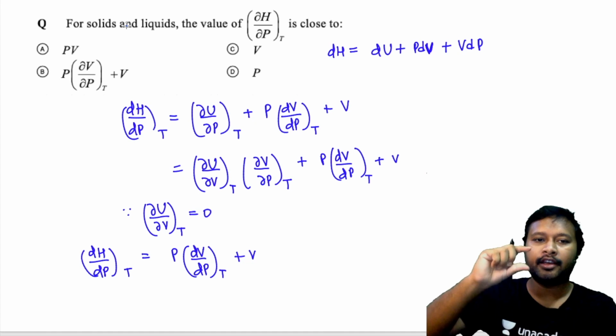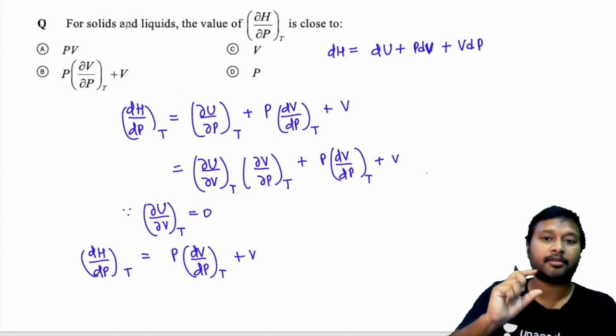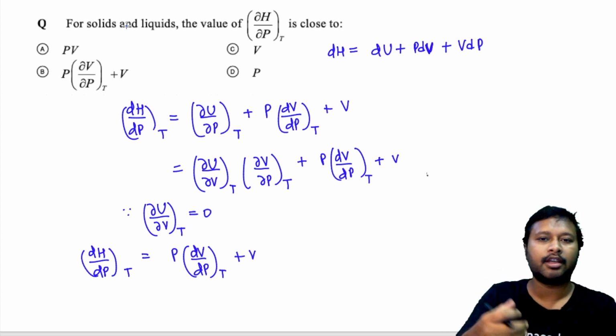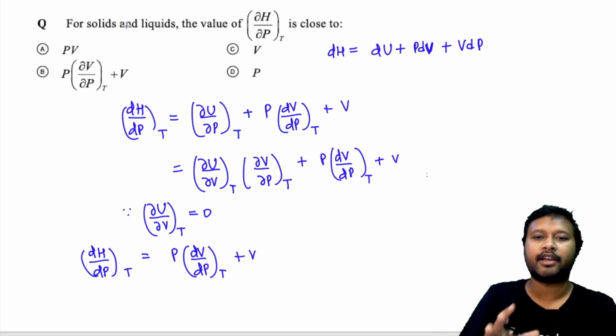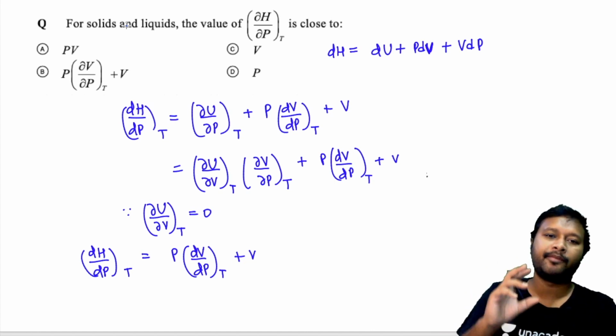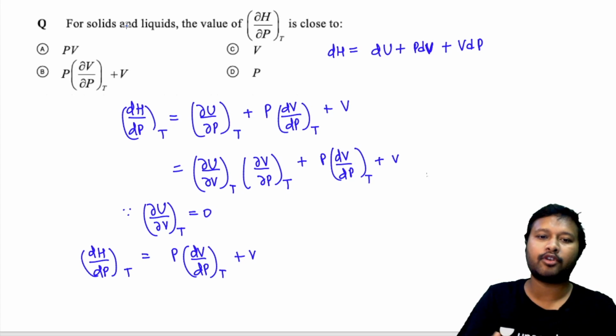If you take a solid, a crystalline solid, not elastic, and you don't have to take those conditions, just take the general solid condition. If you apply pressure on that, the change in volume is very negligible. Same goes for liquid also. On applying pressure, the change in volume is negligible. So that particular part can be kept as 0.